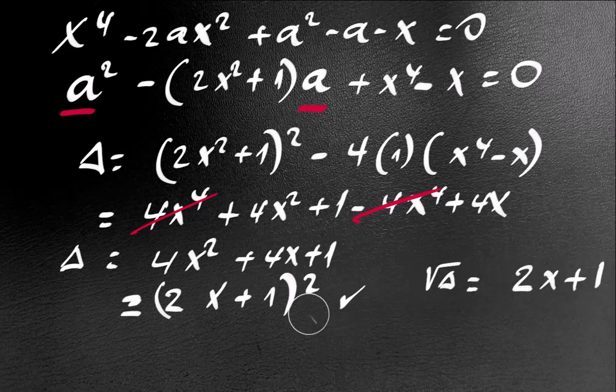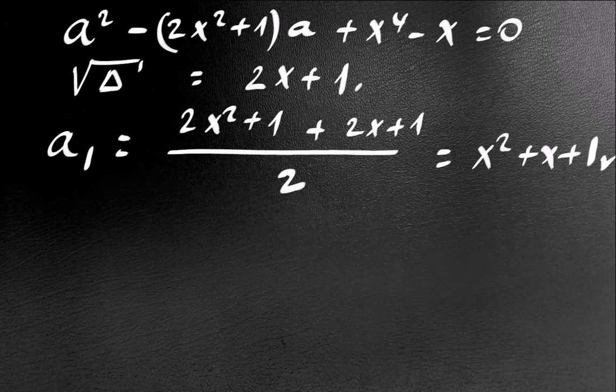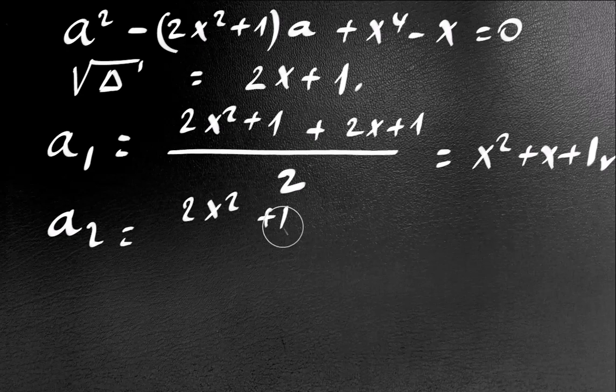So far so good. So what we are going to do, we are going to find the roots using a as a variable. So a1, we get x squared plus x plus 1, and a2 we can get also (2x squared plus 1 minus 2x minus 1) over 2.